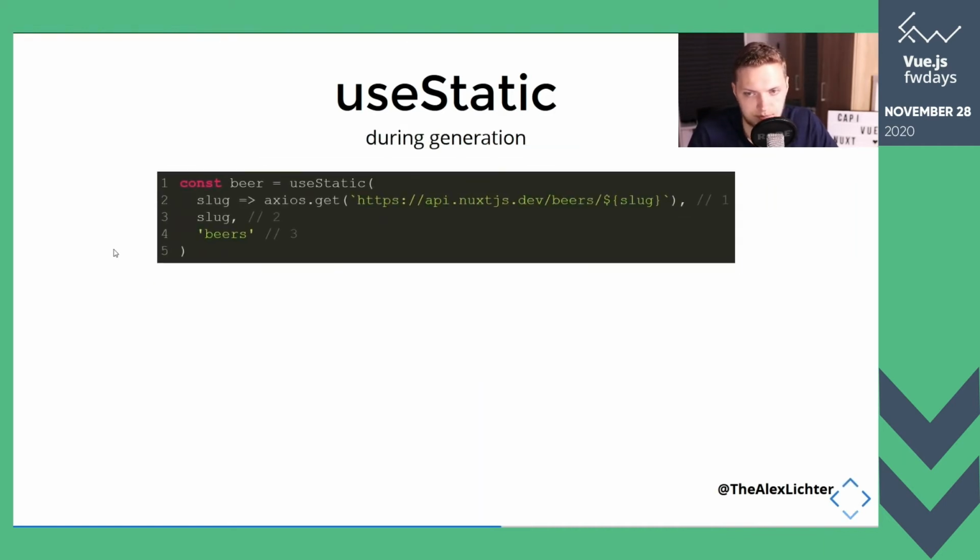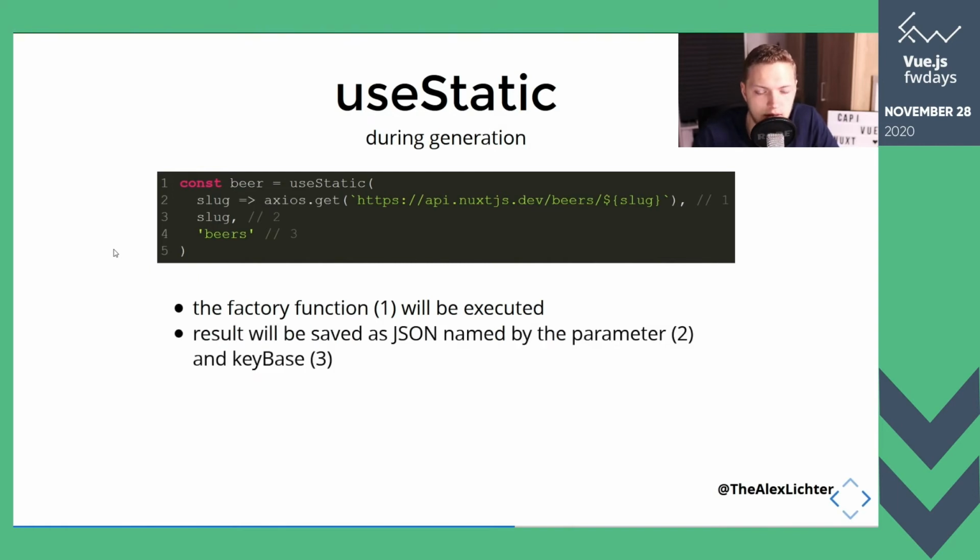During the generation, this factory function will be executed. So it will take as arguments the parameter and the key base, so 2 and 3. As we don't need 3, we just take 2, all good, and it will be executed. And the result will be saved as JSON named by the parameter and key base.